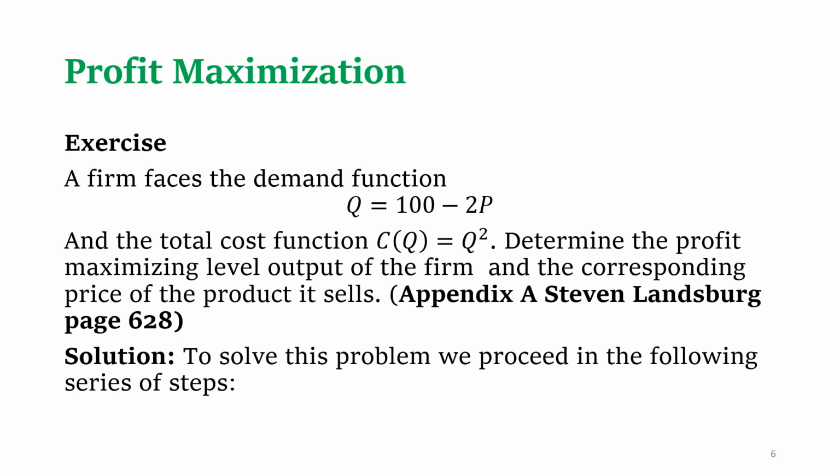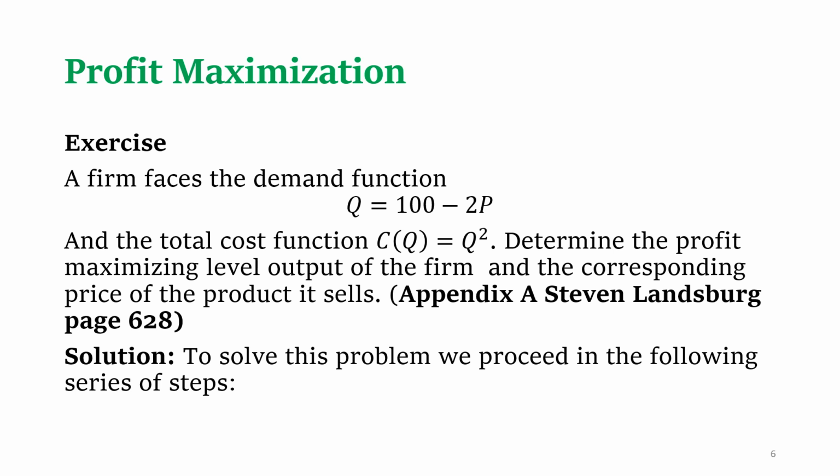And then if we solve for p, we have 100 over 2 and then q over 2. That gives us 50 minus 0.5q. So p equals 50 minus 0.5q, right?